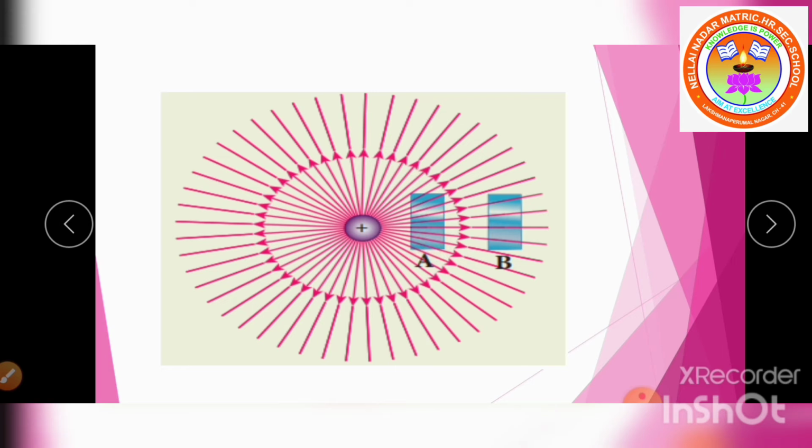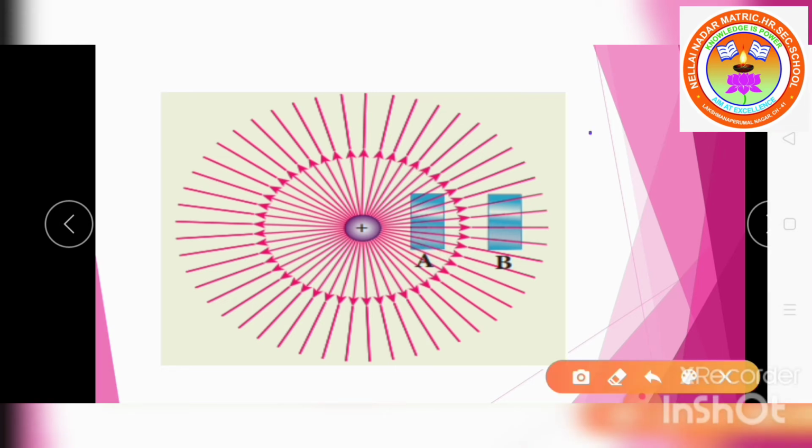We know the formula E equals Q divided by 4 pi epsilon naught R squared. So E is inversely proportional to the square of the distance.